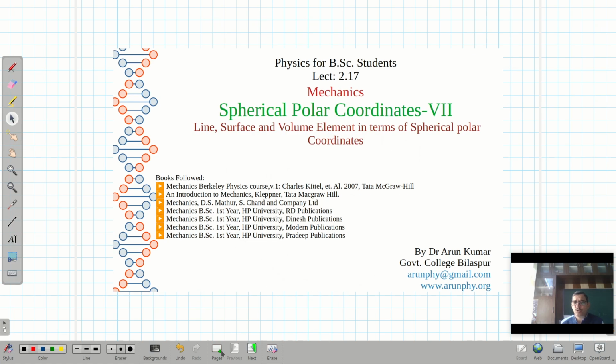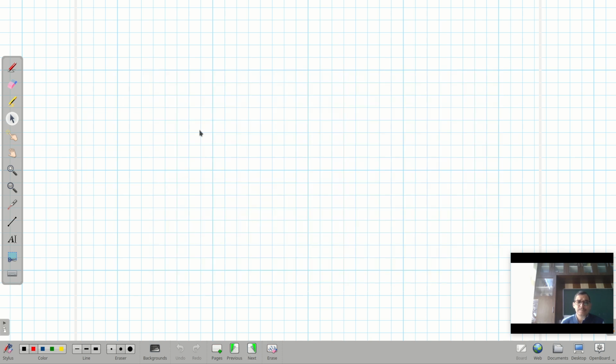So here I will talk about basically the line element, and the line element is basically written as this. Yeah, so dr vector can be written as dr r cap plus r d theta theta cap and r sine theta d phi phi cap.